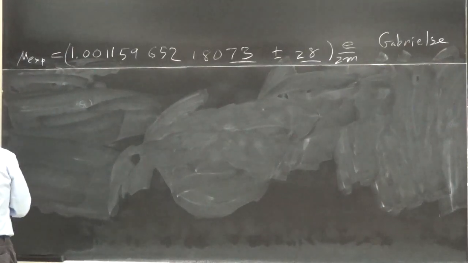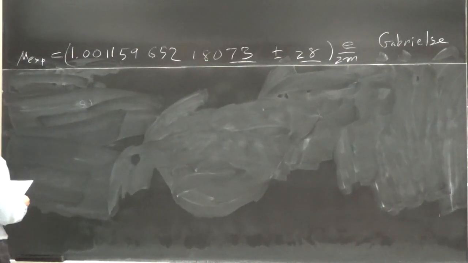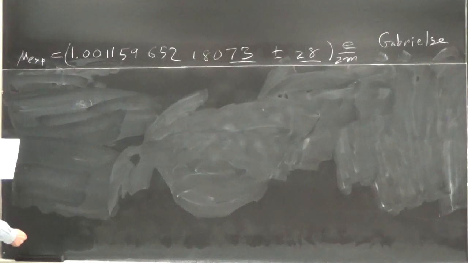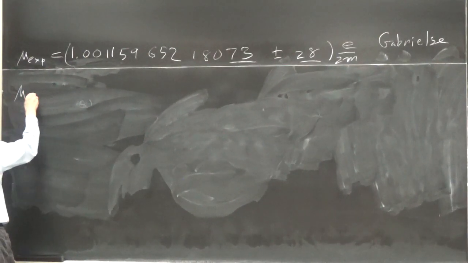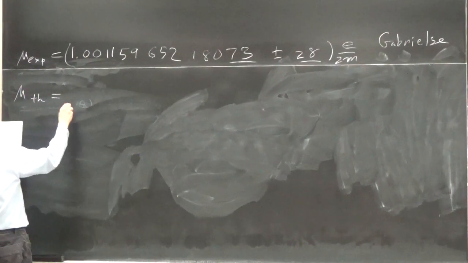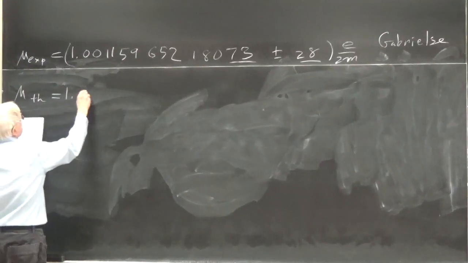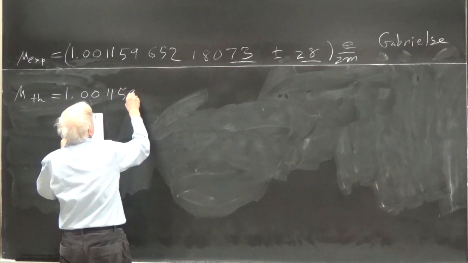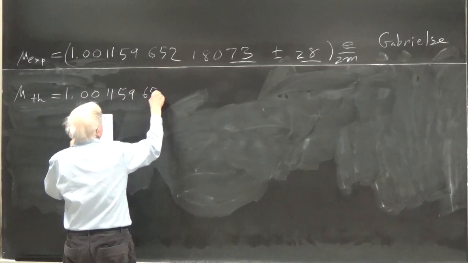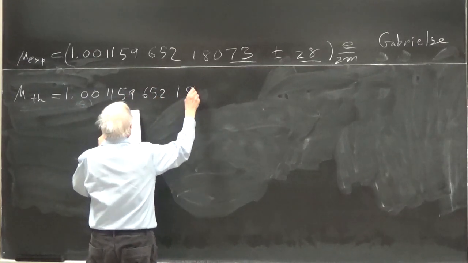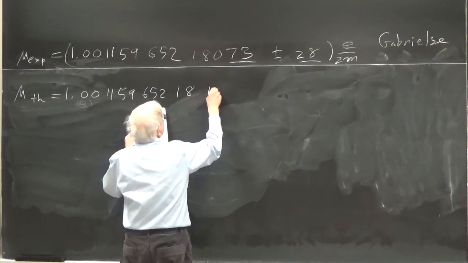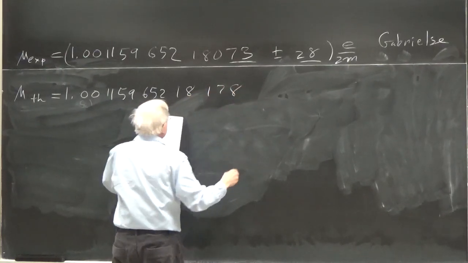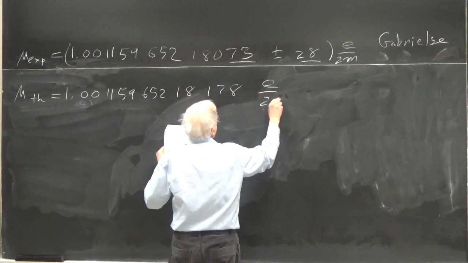The theoretical value by Kinoshita et al. is 1.0011 59652 18178 times e over 2m.